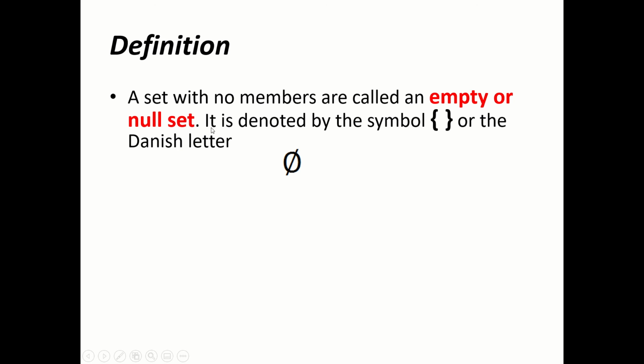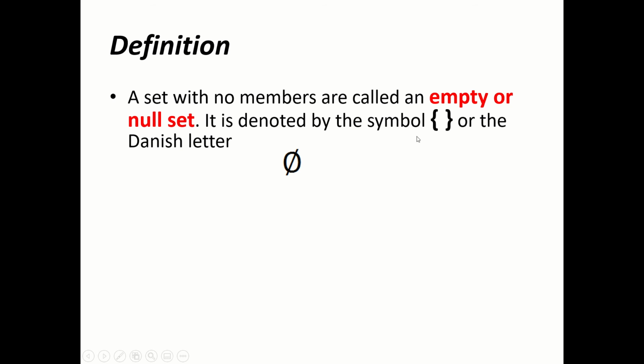Or we can use the Danish letter, which is very popular, by the way, when you go higher. This is the denotation for null set or empty set. But take note, you cannot combine both. You cannot place the Danish letter for null set inside the braces. It's either you use the Danish letter or you use the format for empty set.